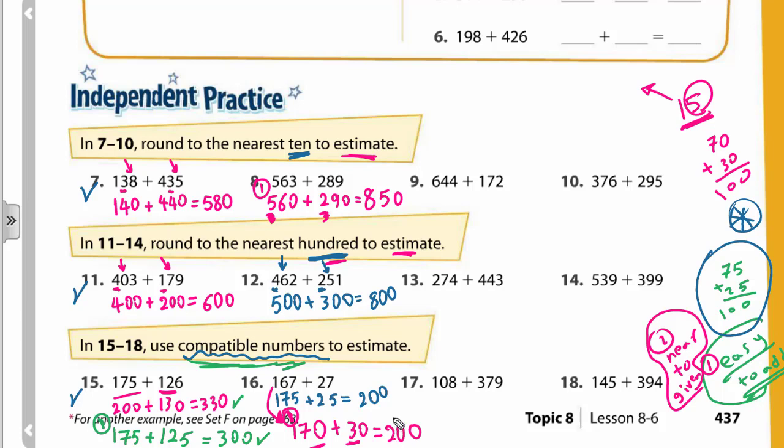Okay, thank you, Abdurrahman. As you can see, my heroes, we can do this many ways, because when you do compatible numbers, you may get more than one correct answer.